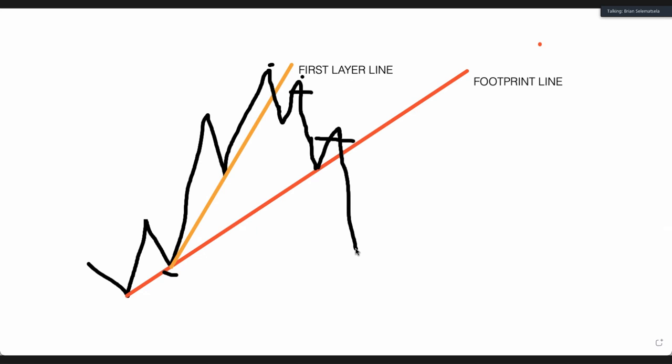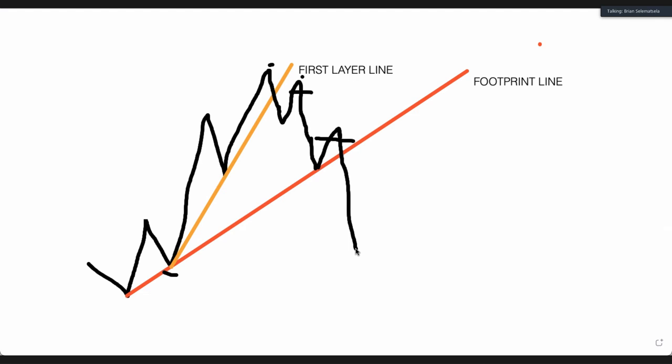It is being crossed. Now that means you'll have to close the buy trades that you took. Because if I just told you that, why should you keep on holding the trades? If the market breaks the first layer line, it's about to go in the opposite direction.